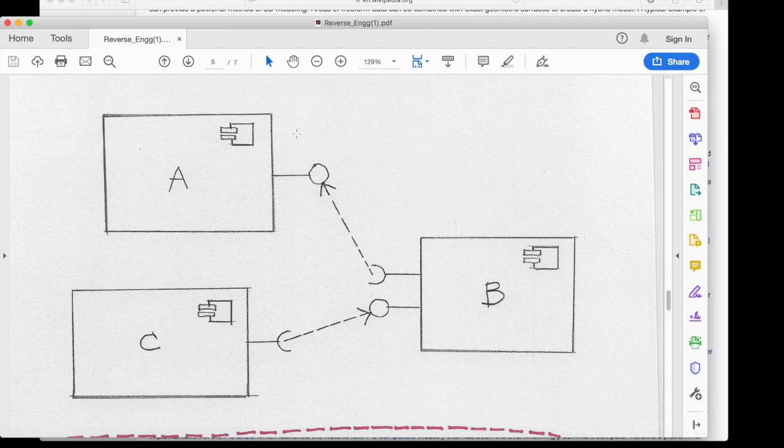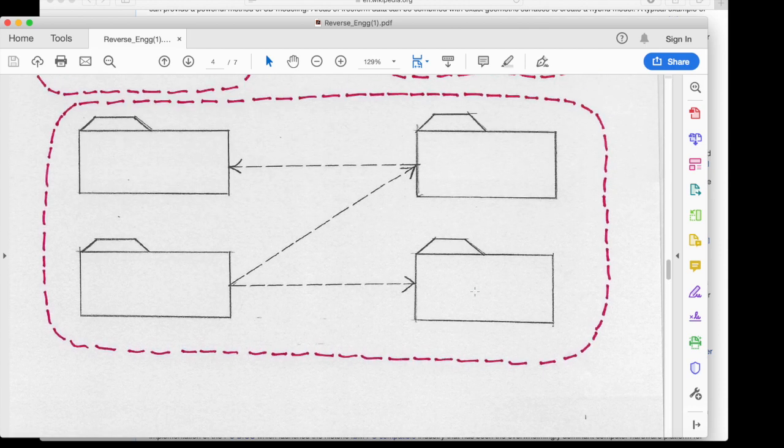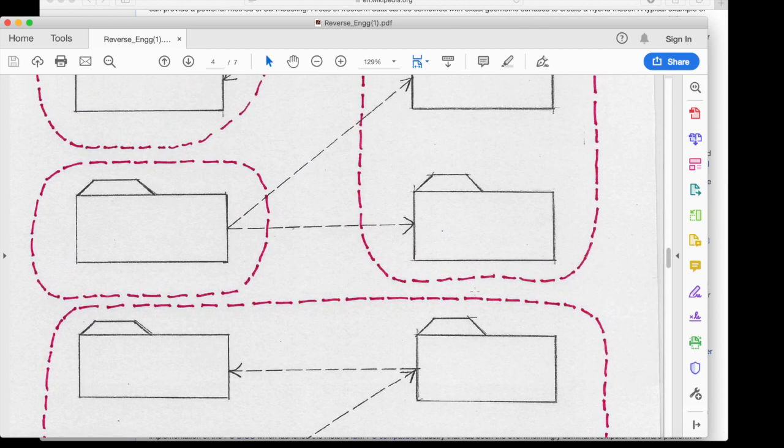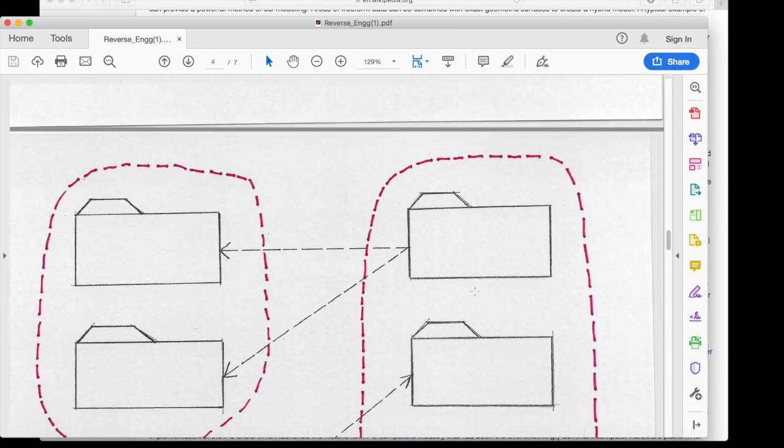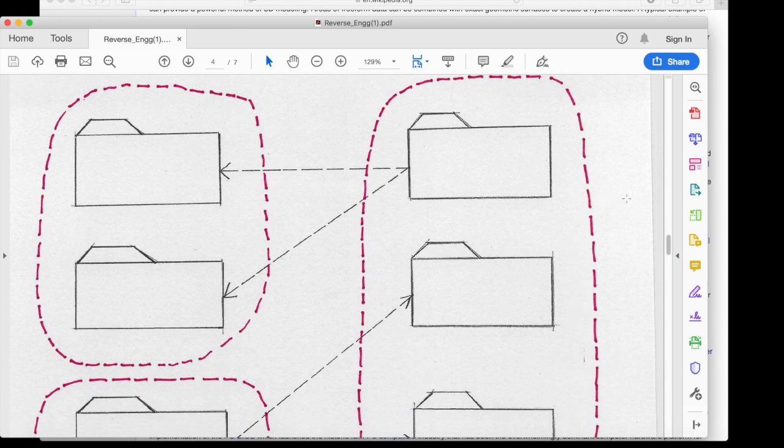So we have a ball on A and a socket for B, and that is represented here, that this entire component needs service from this package here and this package over here.